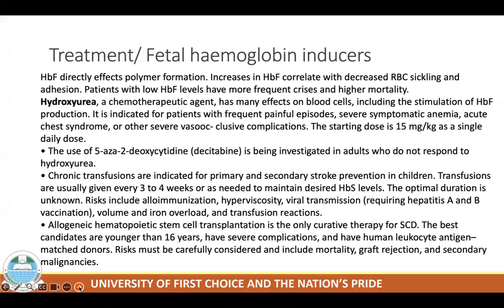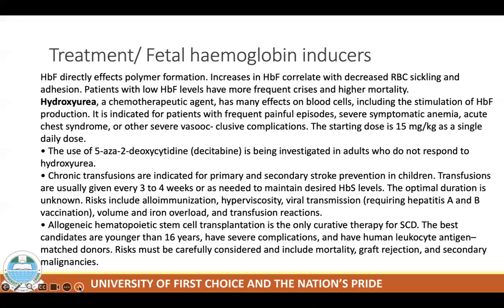So one of the ways to ameliorate the effects is to increase fetal hemoglobin in the patient. And the way we can do that is by stimulating fetal hemoglobin production, right? Increases in fetal hemoglobin correlate with decreased sickling and adhesion, right?